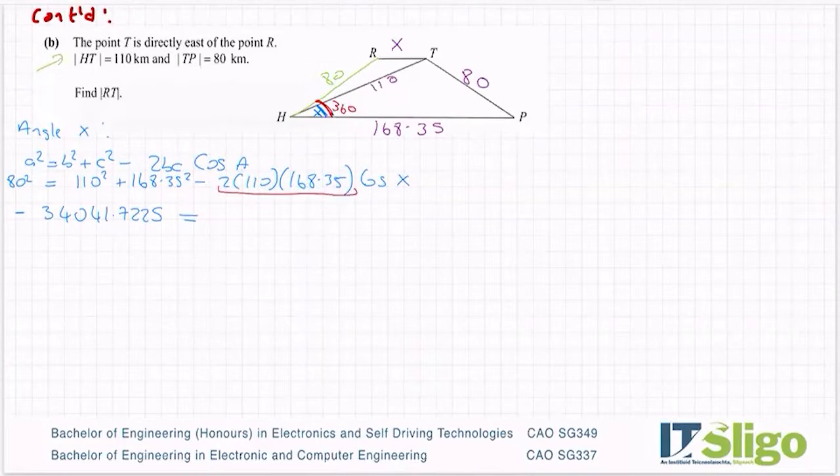So 2 bracket 110 bracket 168.35. So I've got minus 37037 cos x for that. Okay, let's divide across by this.